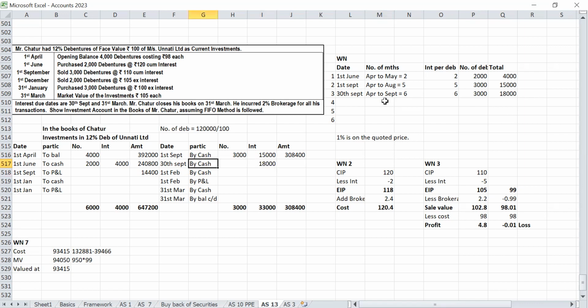Next, 1st December, by cash, sold 2,000 debentures. Ex-interest is 105. So interest for 2 months, October and November: 2,000 debentures, 2 into 2,000, 4,000 interest.